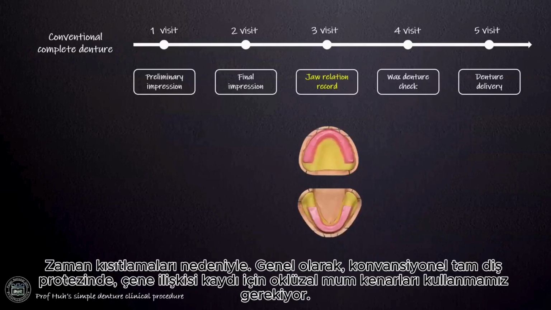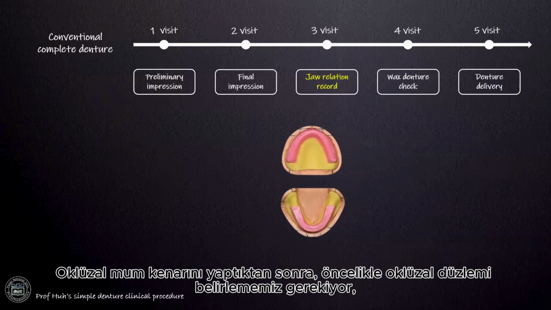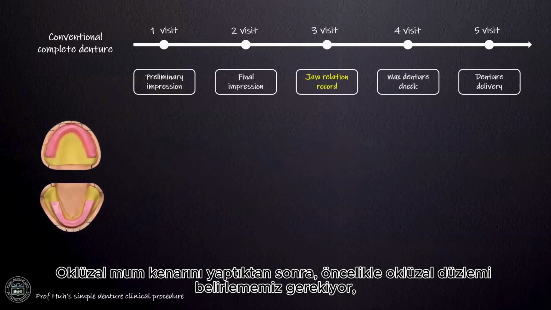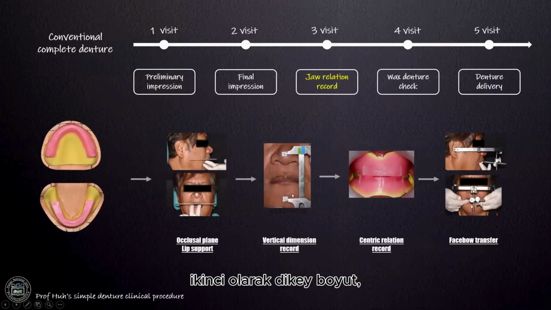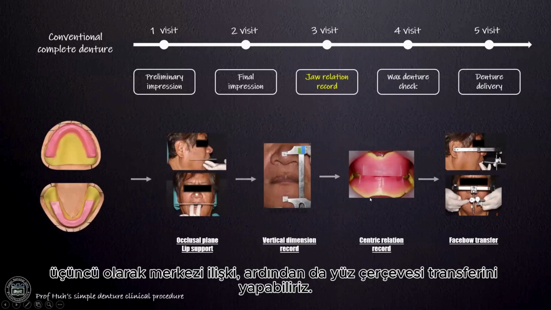Generally, in the conventional complete denture, we have to use an occlusal wax rim for jaw relation recording, right? So after making the occlusal wax rim, we have to decide the occlusal plane first. Occlusal plane. Second, vertical dimension. Third, centric relation.